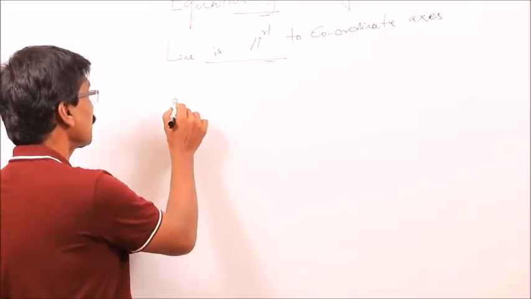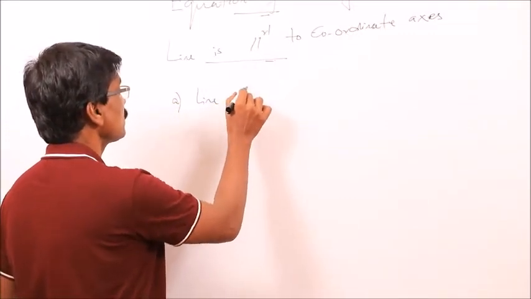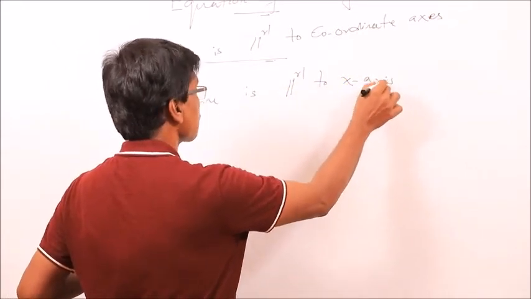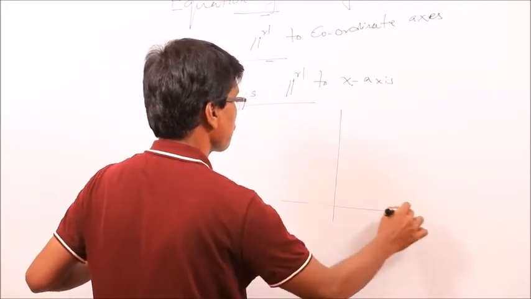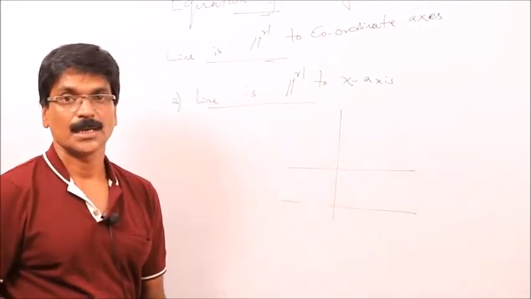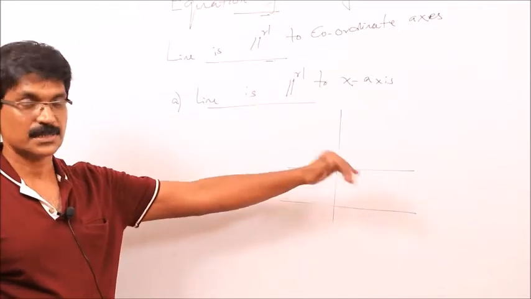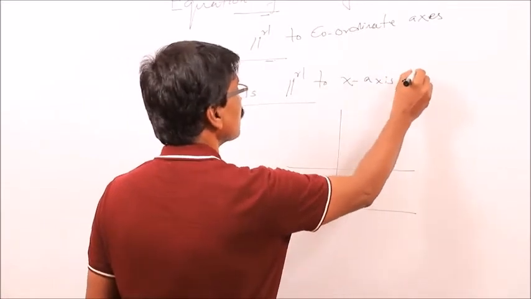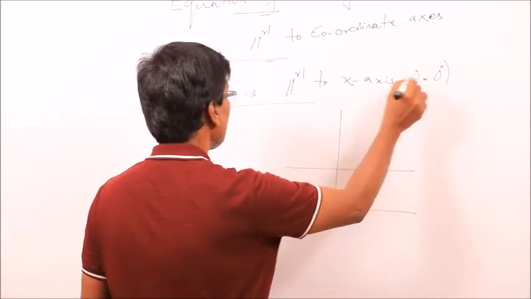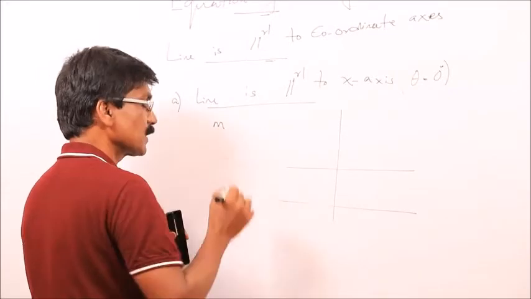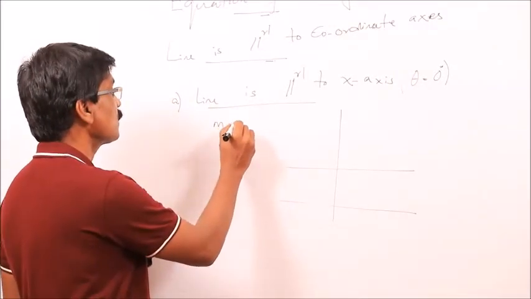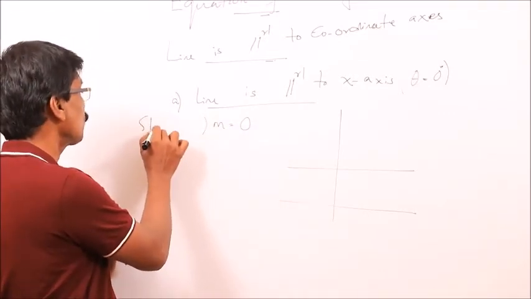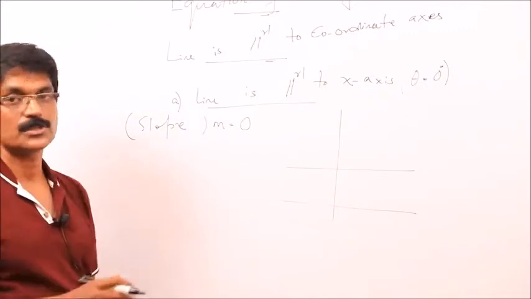First, if a line is parallel to the x axis, its angle of inclination is equal to 0 and the slope M is equal to 0.